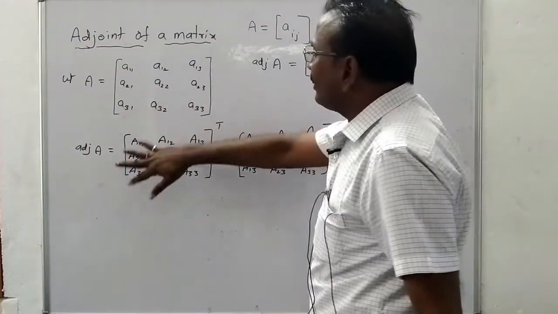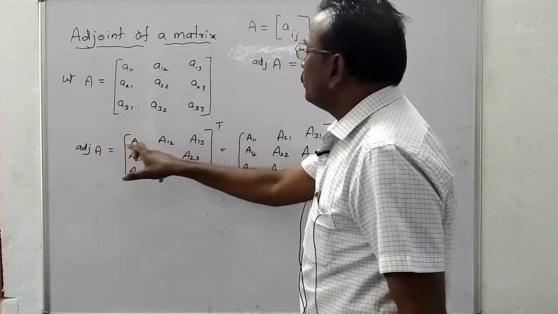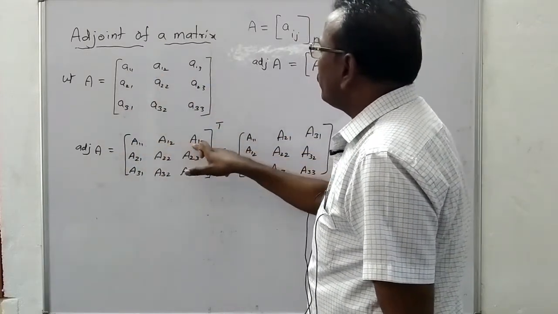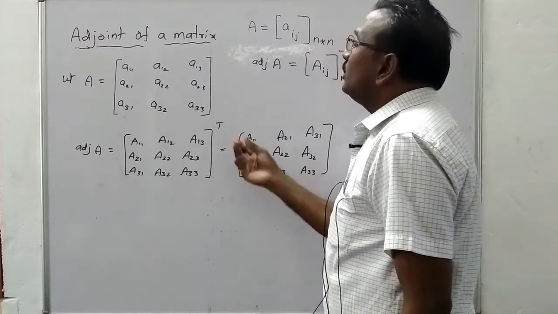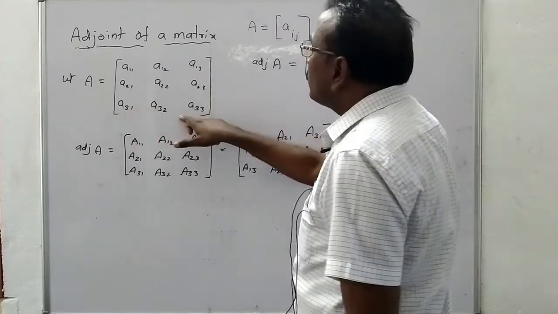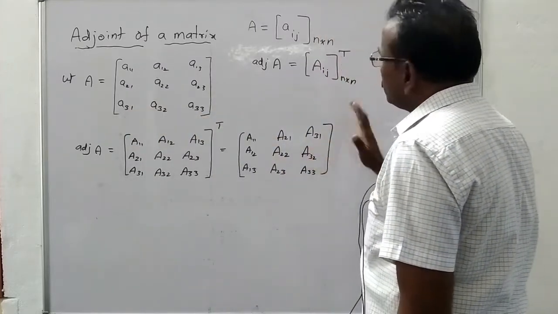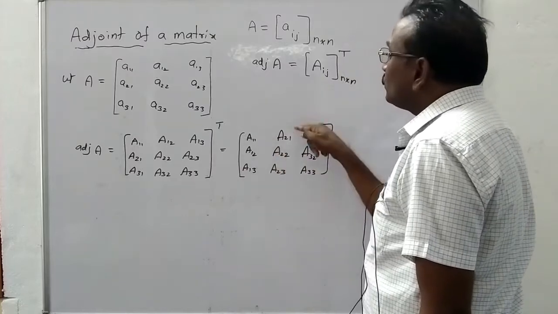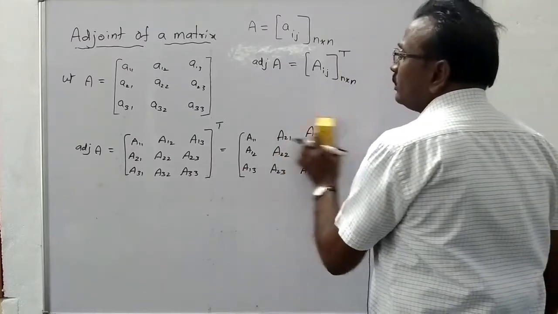So we can write it directly also. Adjoint of A is equal to, the cofactors of the first row elements A11, A12, A13 written directly in the first column. Cofactors of second row elements written in the second column. Cofactors of third row elements written in the third column. So we can get the adjoint of A directly. So this is the transpose of the cofactor matrix. That is the adjoint of A.